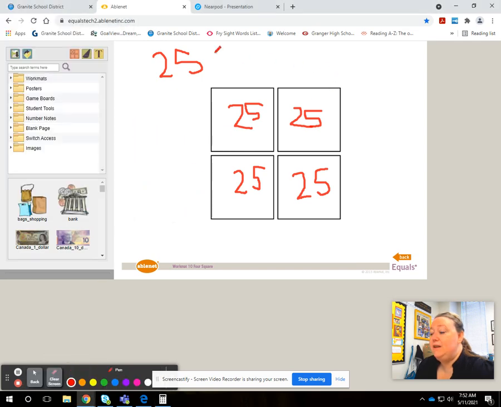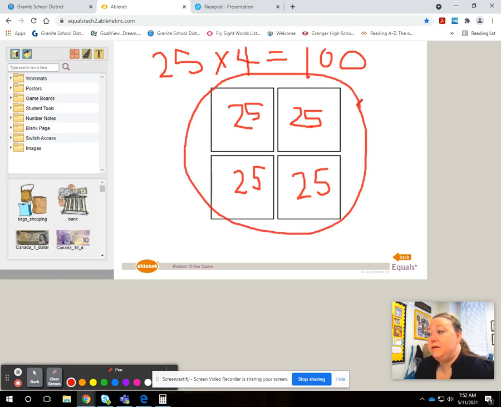So 25 times 4 equals 100, okay? So when I have 4 quarters, it's going to equal 100, which is $1. 100 cents is the same as $1. So I need 4 quarters to equal $1, okay?